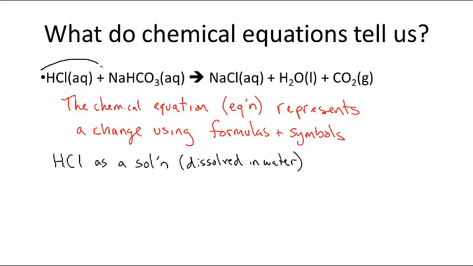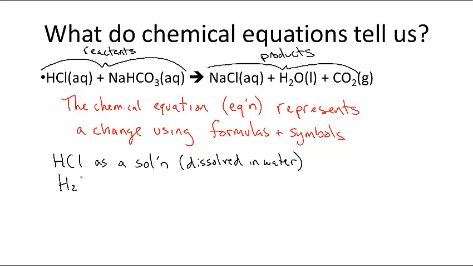These are our reactants, and these are our products. It also tells us we have water produced as a liquid, and CO2 as a gas. So this can tell us a lot about what we're going to expect to see when we do a chemical reaction.